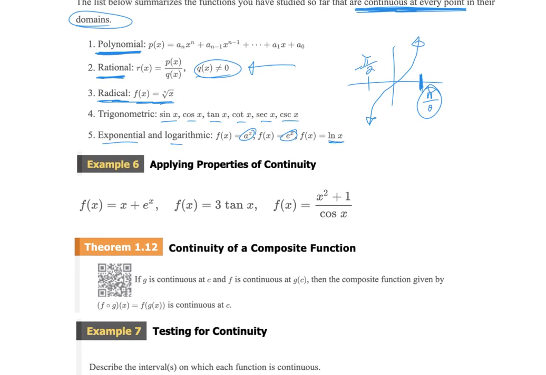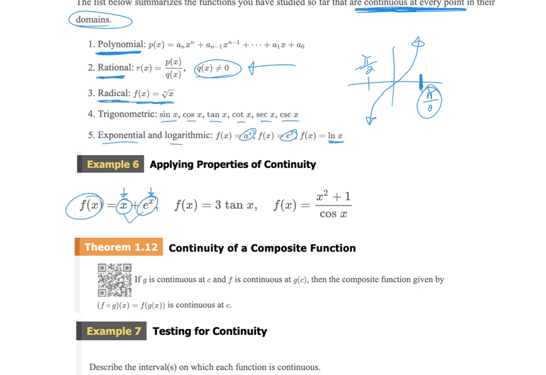So let's take a look at these new functions and apply the properties of continuity. Here we have two distinct continuous functions and we are adding them together. By our properties on the previous page, if you add functions, I think that was the second one, the resultant function is continuous.